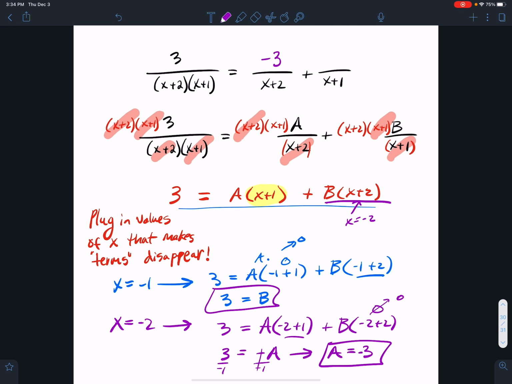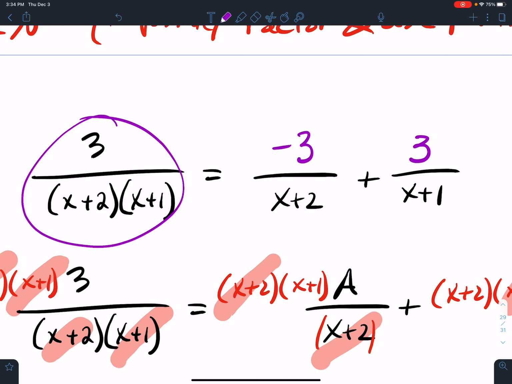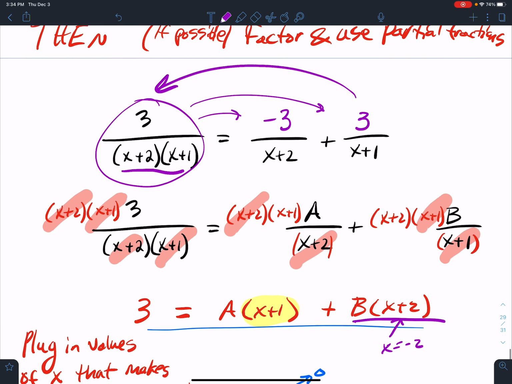So now I know what these are, the a and b, to make it equal. And how could you check this yourself? You could cross multiply and add all this stuff together. And remember, with fractions, you've got to get the same denominator, which happens to be this. And so once you go through that work, then you can see that this actually does add up to that over there. Okay?